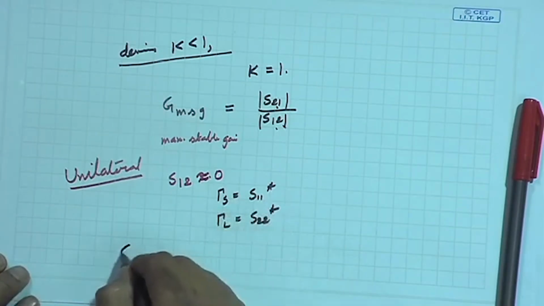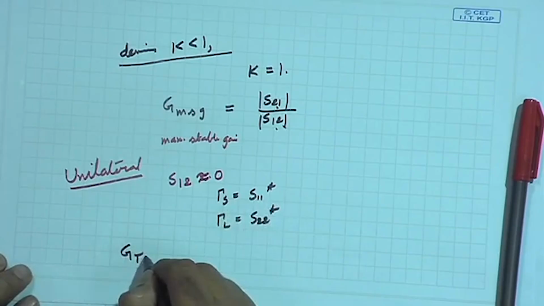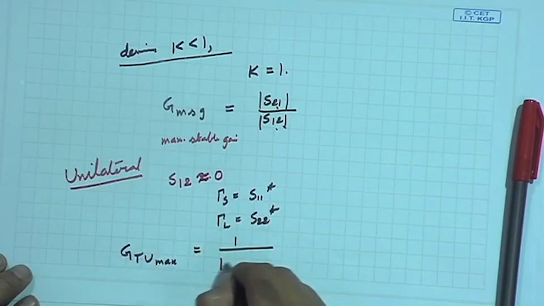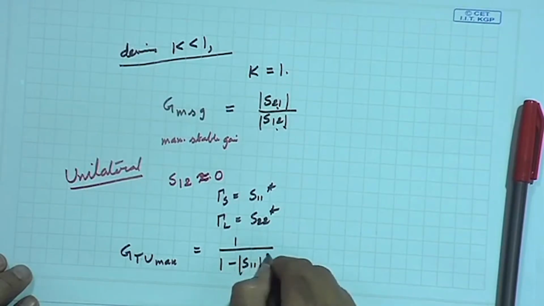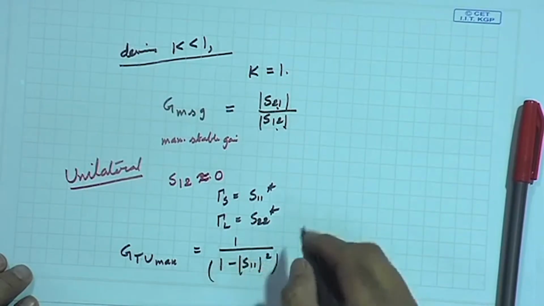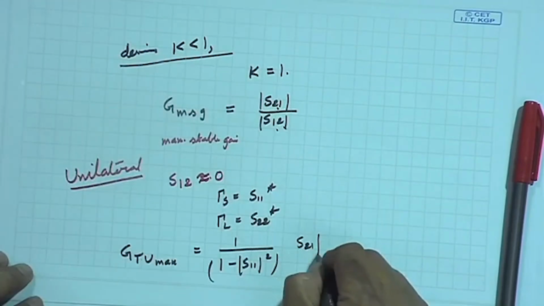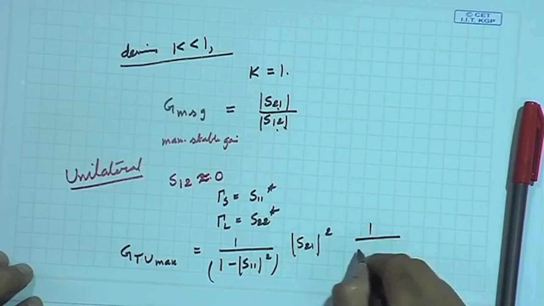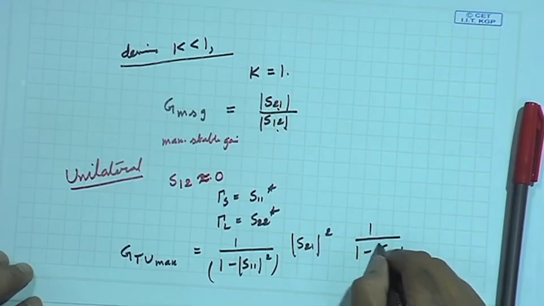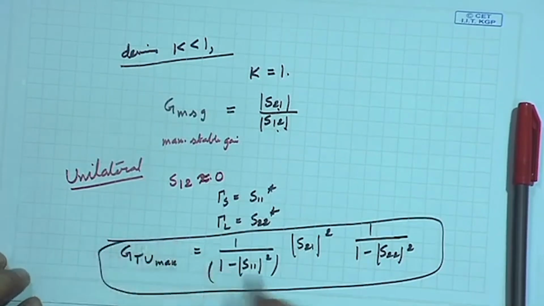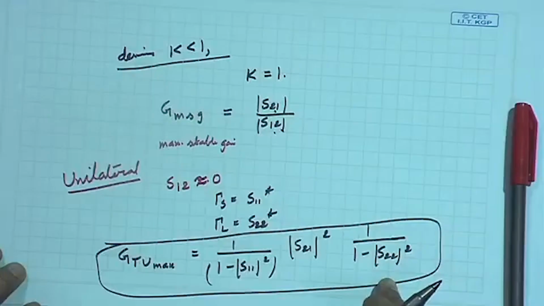With this we can write that the maximum possible unilateral gain G T is given simply by 1 minus S11 square, S21 square, and 1 minus S22 square, instead of those other complications. Many times we can assume this, and then we can achieve a maximum transducer gain like this.